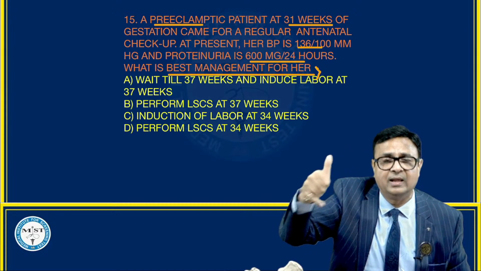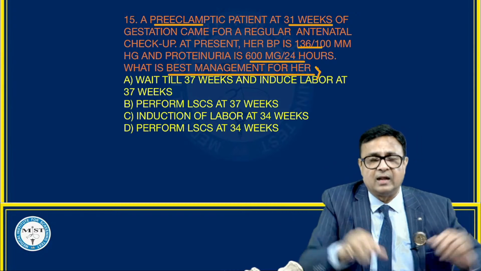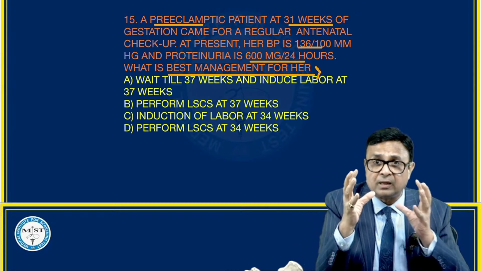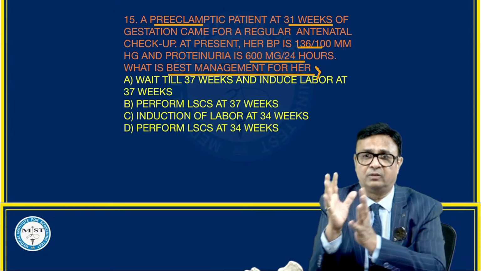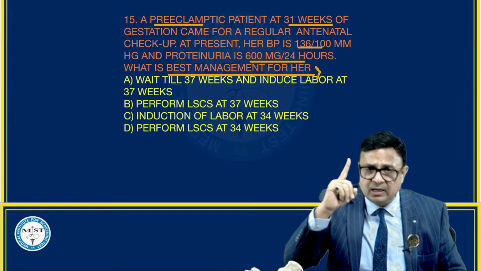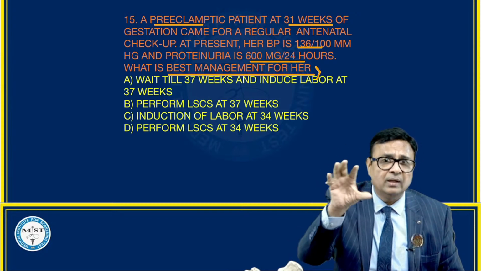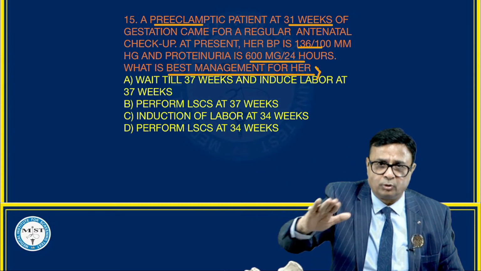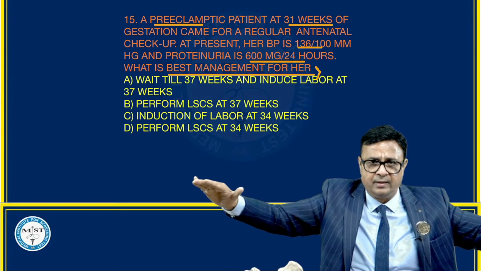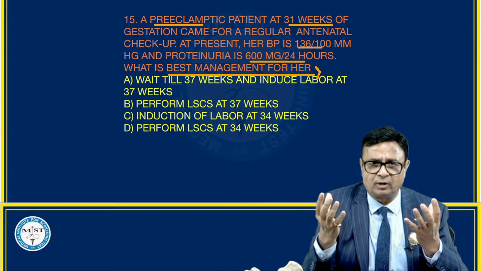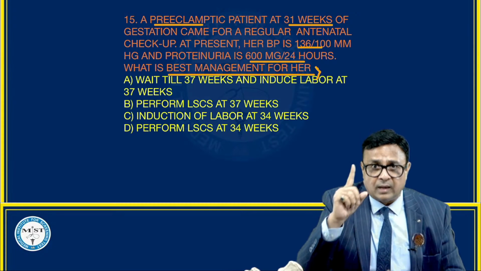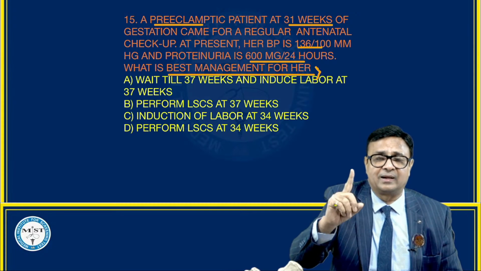Everyone is answering A because we all know better. Let me give you the concept. Important questions for the 4th June exam. Management of mild preeclampsia: monitor till 37 weeks and induce labor at 37. Question number 2, management of severe preeclampsia: labetalol, the drug of choice to treat preeclampsia.